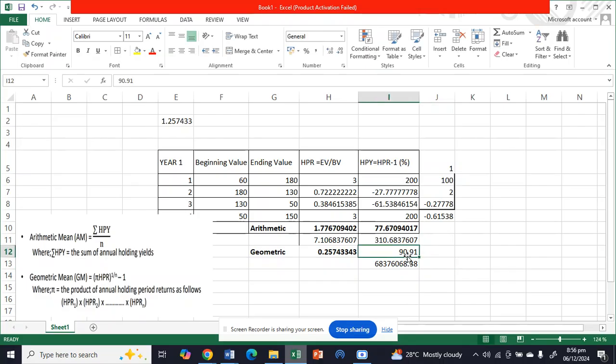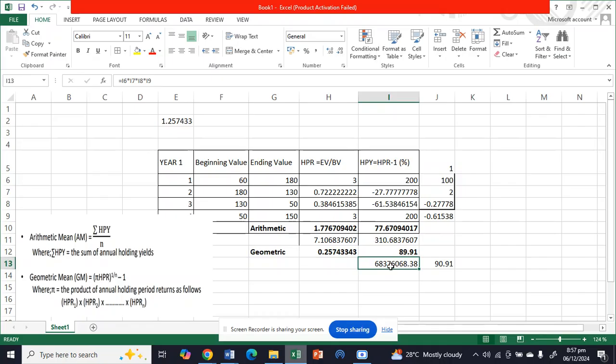And then this 90.91, you subtract it from 1. So that is our geometric mean. You multiply these four numbers, you get 68,376,068.